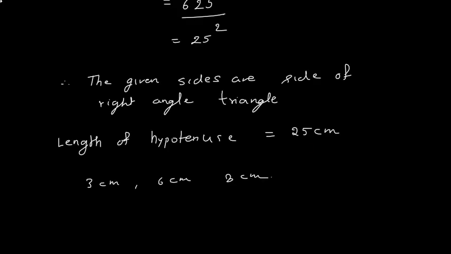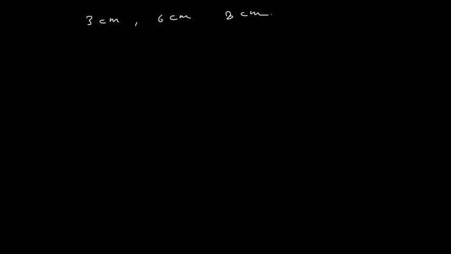So now the next problem is 3 centimeter, 6 centimeter and 8 centimeter. Again here 8 centimeter is the longest one. So let us see what 3 square plus 6 square is. 3 square is 9, 6 square is 36. So 9 plus 36 is 45. But this is not equal to 8 square.